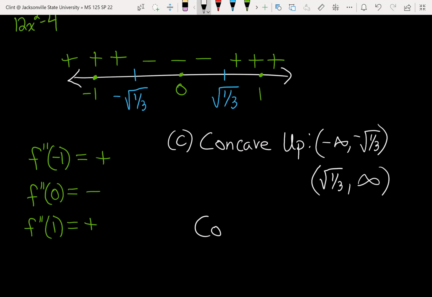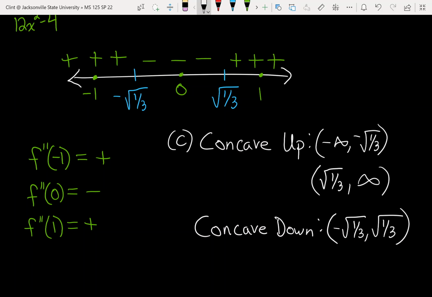We're concave down between negative square root of 1/3 and positive square root of 1/3, or negative root 3 over 3 to positive root 3 over 3 if you want to rationalize.